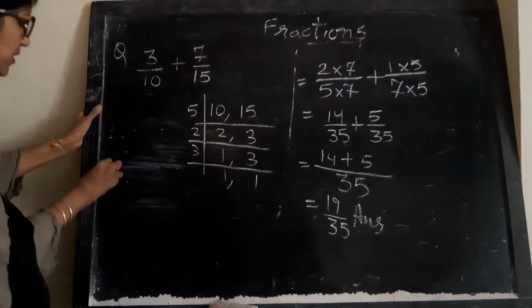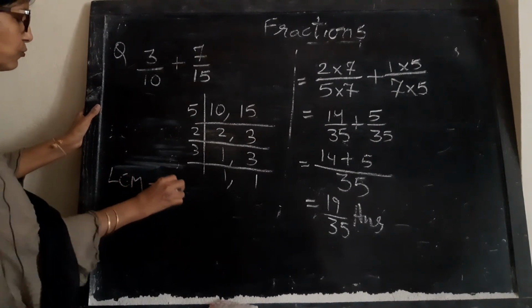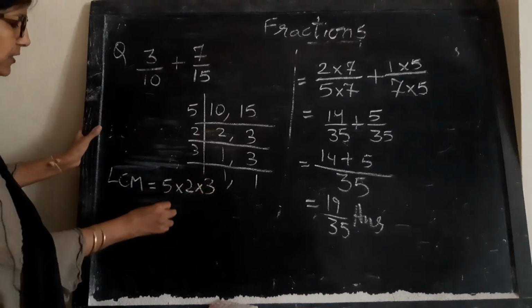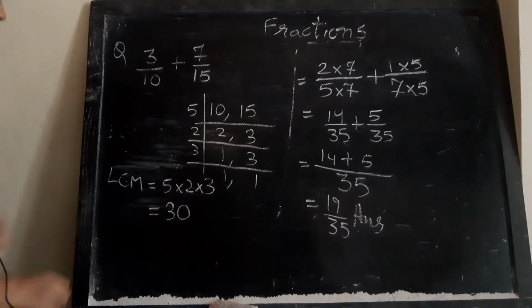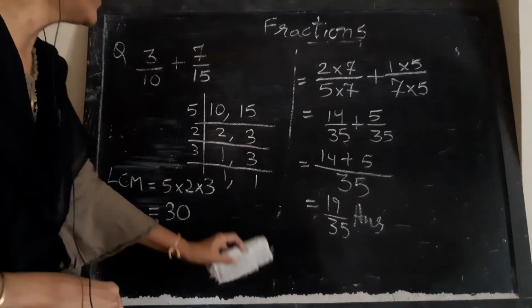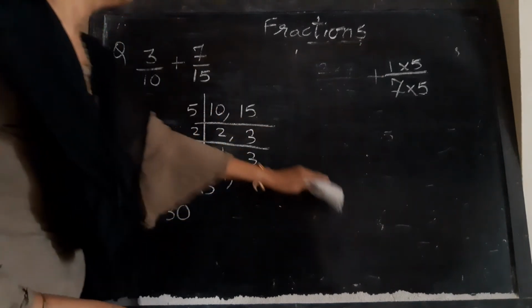So LCM is 5 into 2 into 3, which will give us 30. So the LCM is 30. So this time we'll convert the denominators into 30 and then we will add.